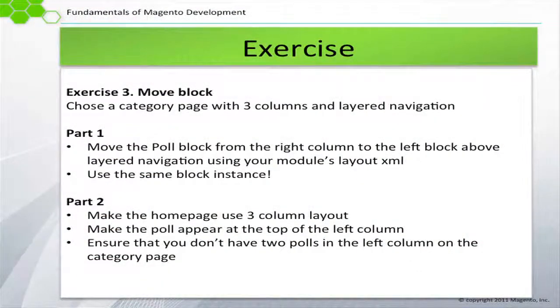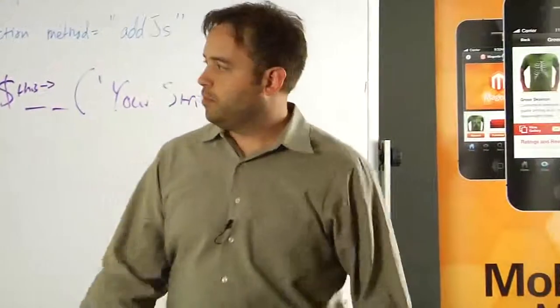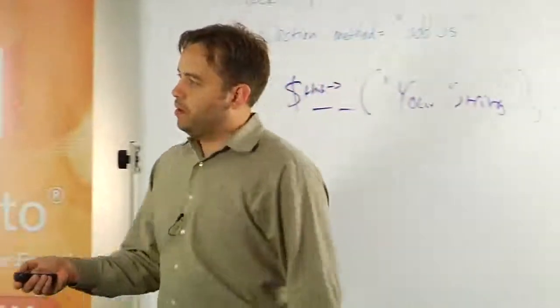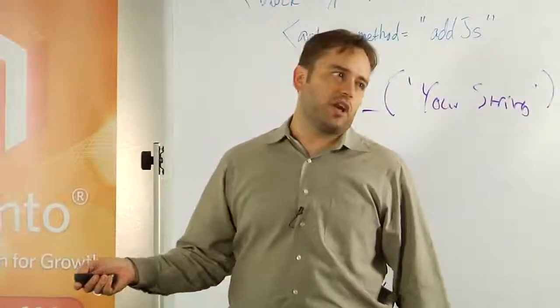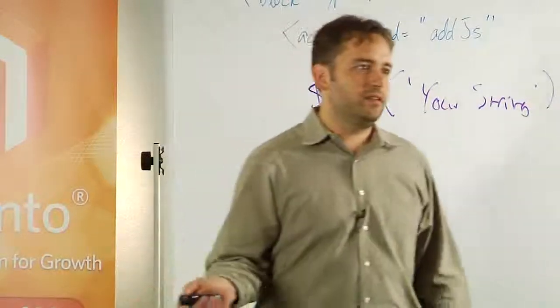All right. This poll issue, I will walk through this. Having you guys figure it out on your own takes a bit too much time. I'm just a little bit behind schedule here. So, what I'd like for you to do is figure out how to make the home page use the 3-column layout, and I'll give you a hint.